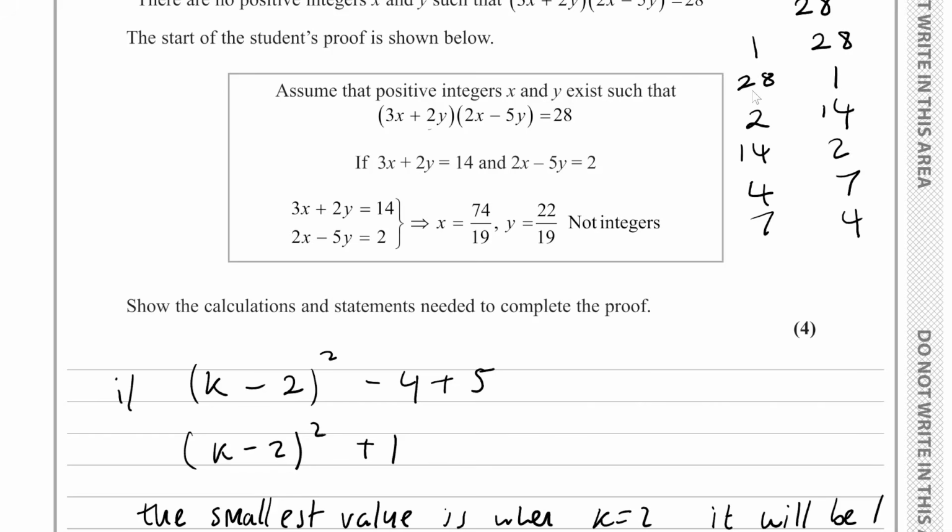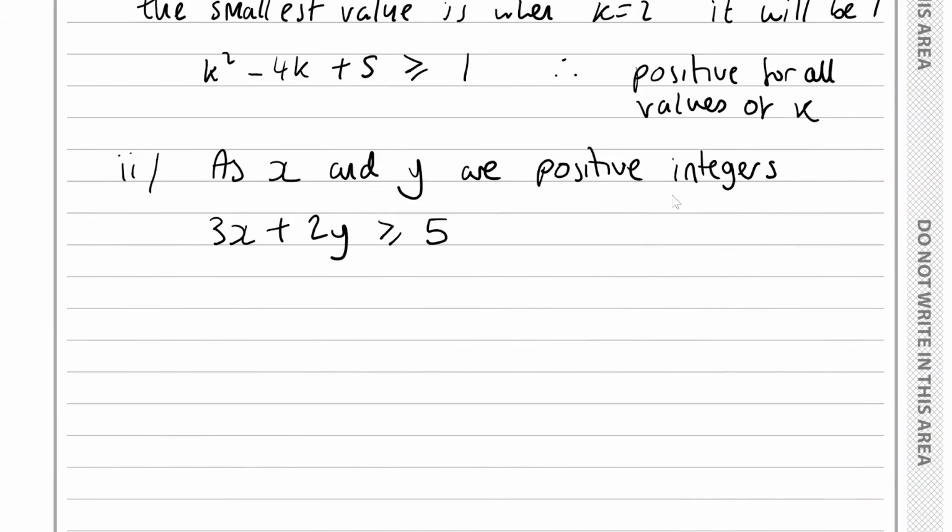So we need to try 28 times 1. 14 times 2 we've already done, so we don't have to do that one. We don't have to do 4 and 7. So there's only 2 more things to try, 28 and 1 and 7 and 4.